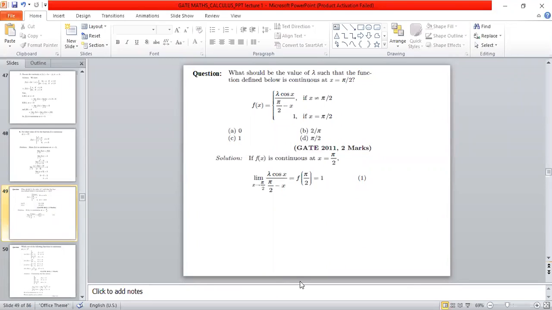Check the continuity at x is pi by 2 and tell me is it continuous or not. I'm waiting for your answers.